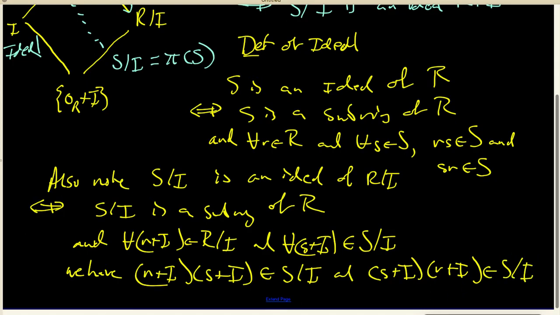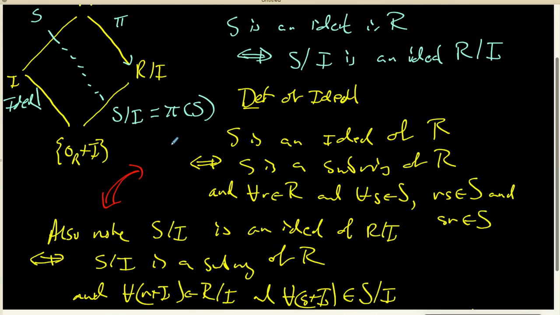And what we want to do is show that these two things are equivalent to each other under the stuff that we know from the correspondence theorem. So let's think about what we have.